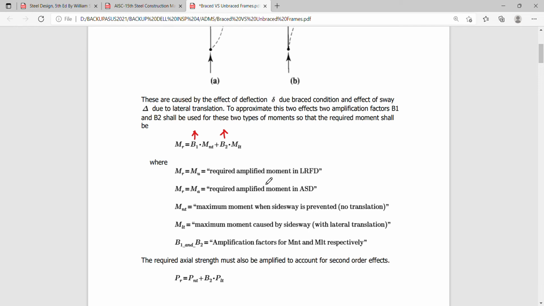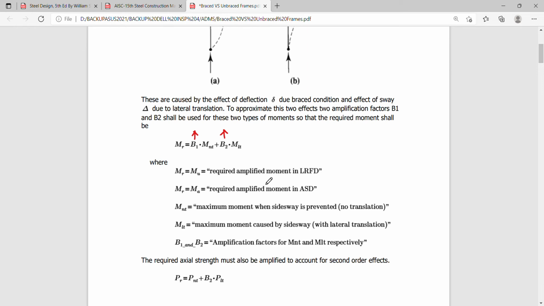While MNT and MLT are simply the maximum moments induced on the braced and the unbraced condition respectively.